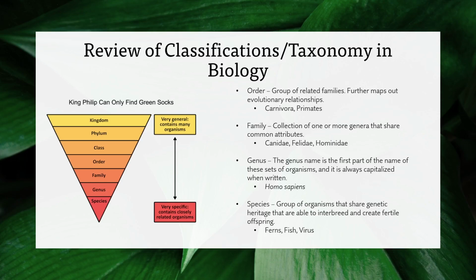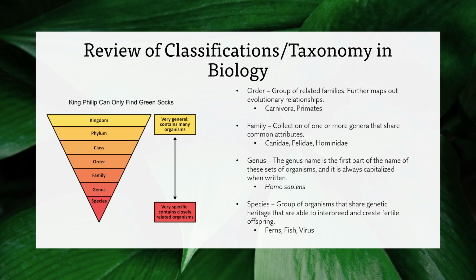They fall in the species. There's many different species of viruses, many that can interbreed, change, whatever the case may be. So super cool. Don't have time to talk about viruses today, but there's a whole unit we can dive into at a later time.